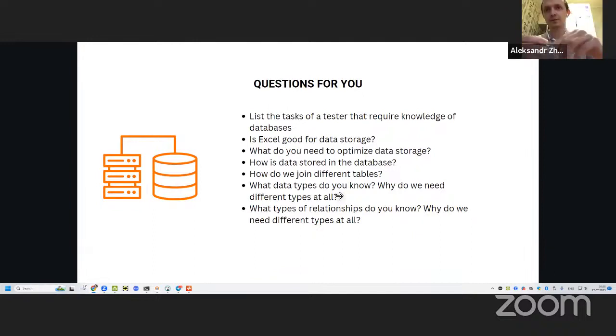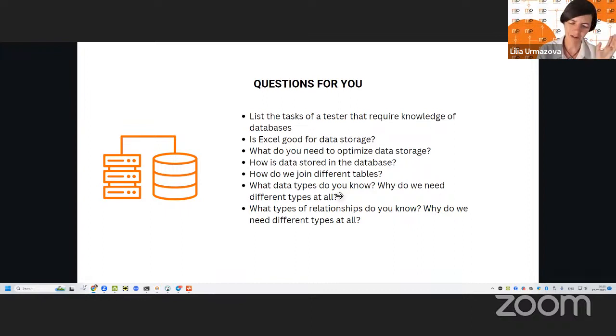Alexander, maybe optimization will help us to make fewer mistakes in search, maybe some information. Okay. The second reason, okay.